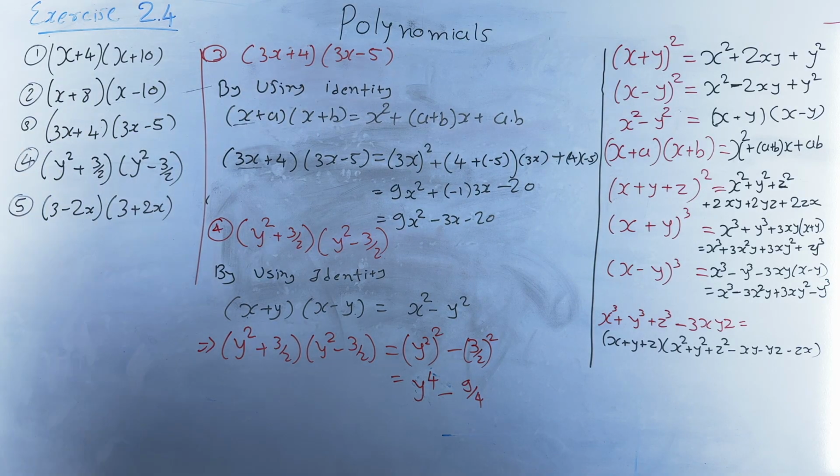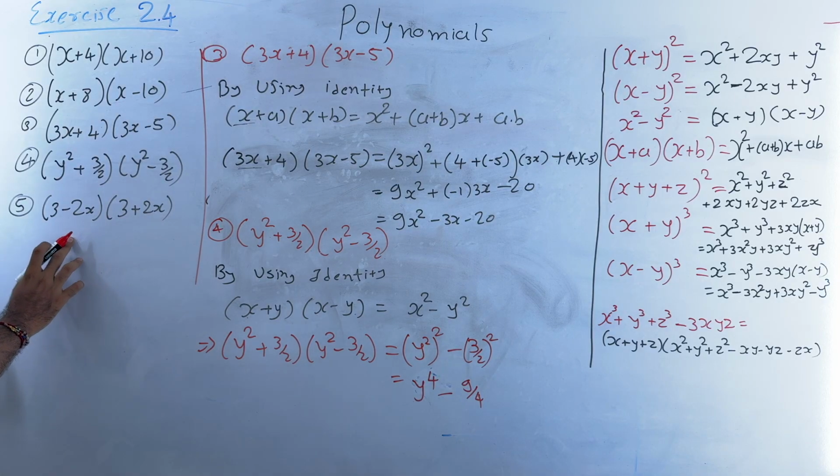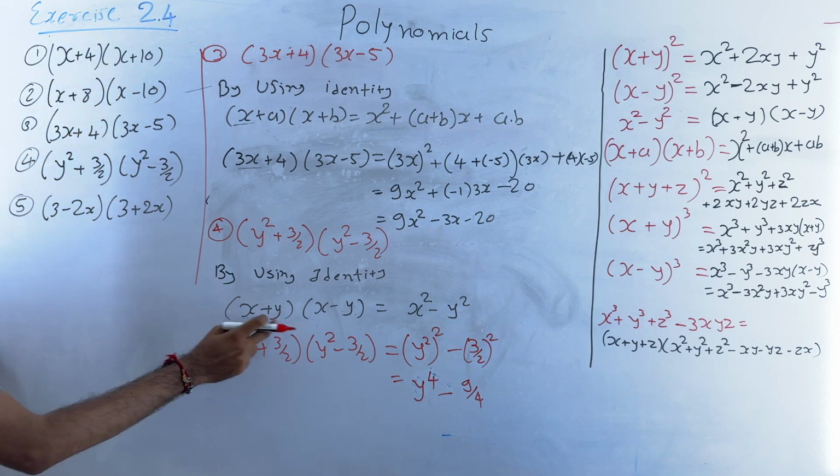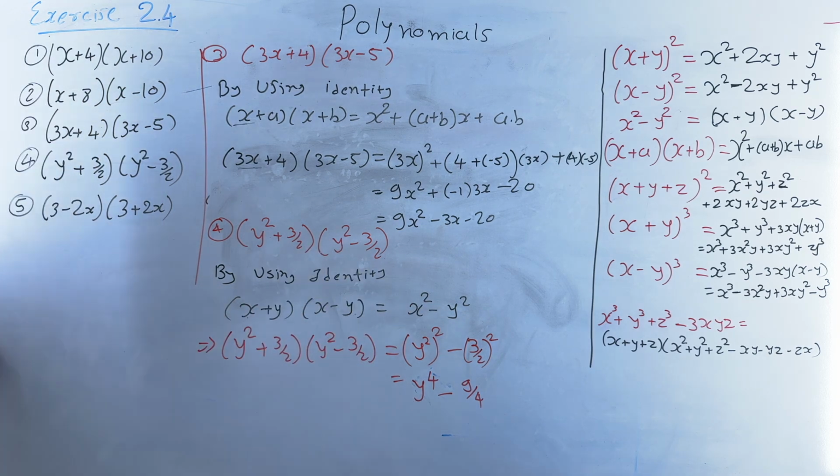So this is the same as question number 4, right? a minus b multiply a plus b, x minus y multiply x plus y. So we will use the identity x plus y multiply x minus y is equal to x square minus y square, right?